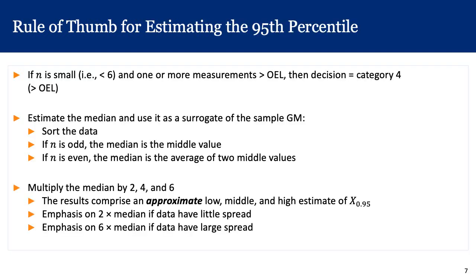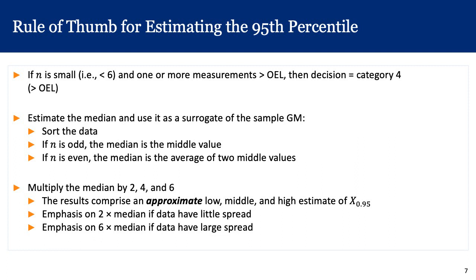So let's revisit all our rules of thumb. There are a couple of additional rules of thumb I've added on this slide. If we have a small number of measurements, and by that I mean less than 6, and if even one measurement is greater than the occupational exposure limit, then you can straight away decide that the exposures are in category 4 of the AIHA categories, meaning that the 95th percentile is going to exceed the exposure limit.